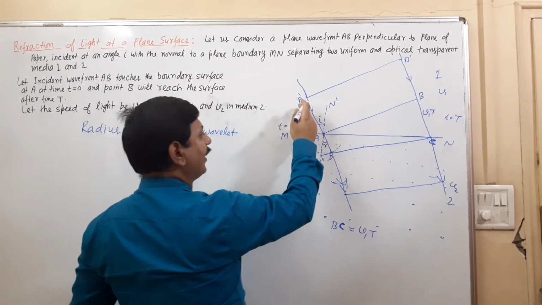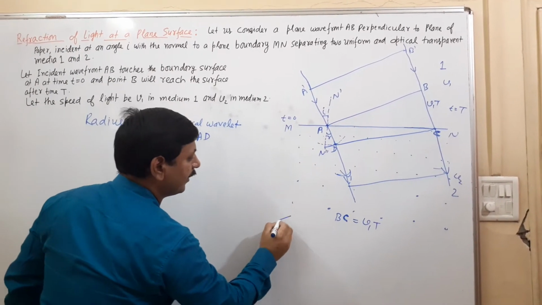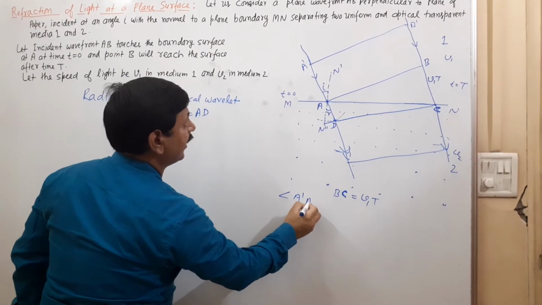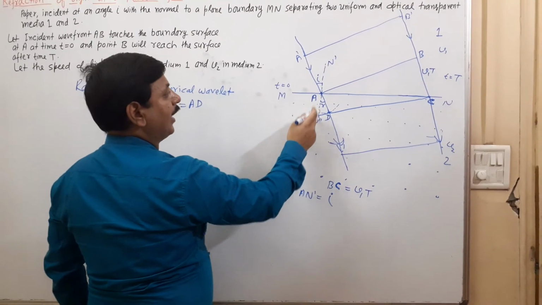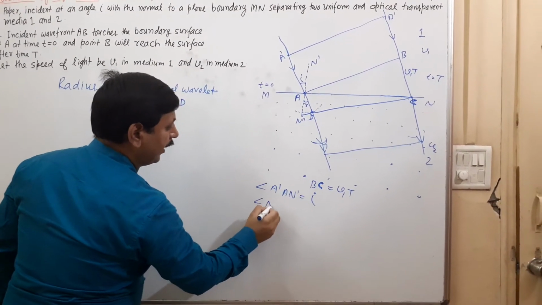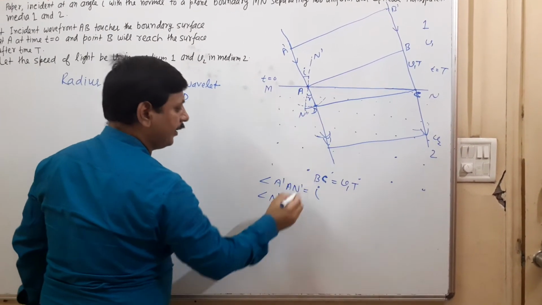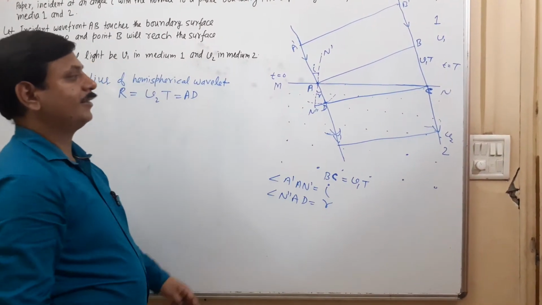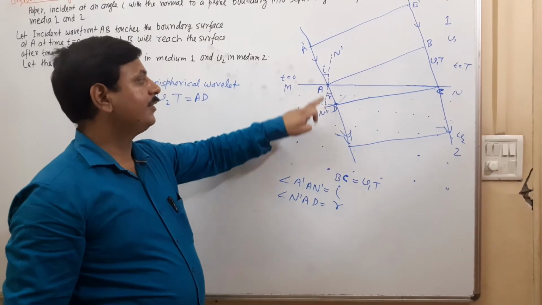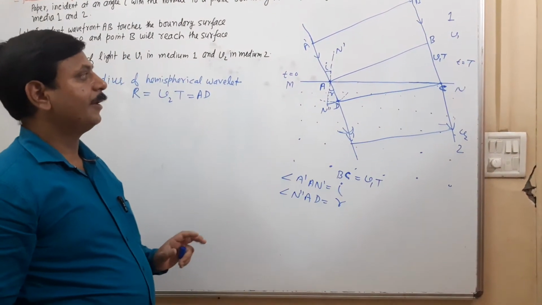So angle A dash A N dash will be the angle of incidence, and angle N double dash A D will be the angle of refraction.